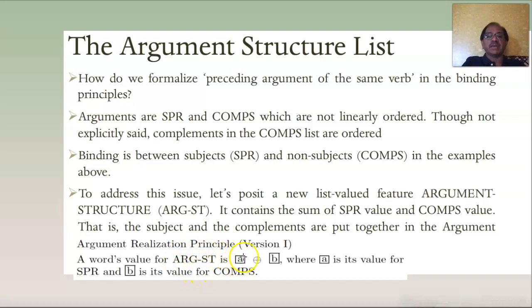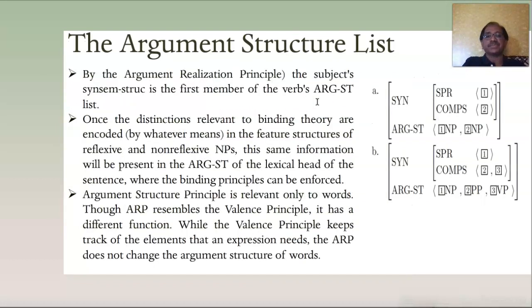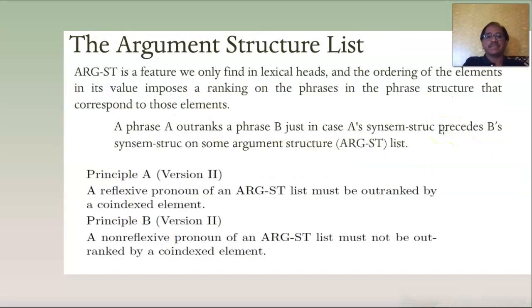You get the argument structure feature as a sum of the specifier and comps. We needed this because earlier specifier and comps are not linearly ordered, and we need linear ordering to explain binding facts. Then by the argument relation principle, we are able to co-index the NP, which has a reflexive or anaphor plus feature, with its antecedent.